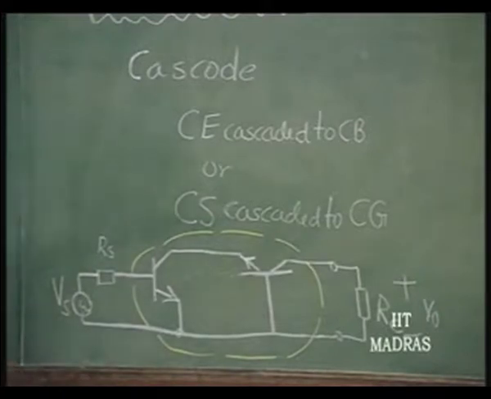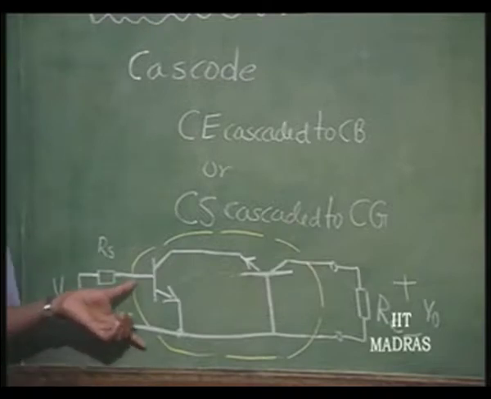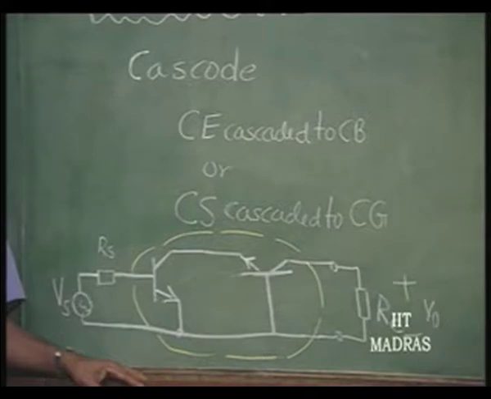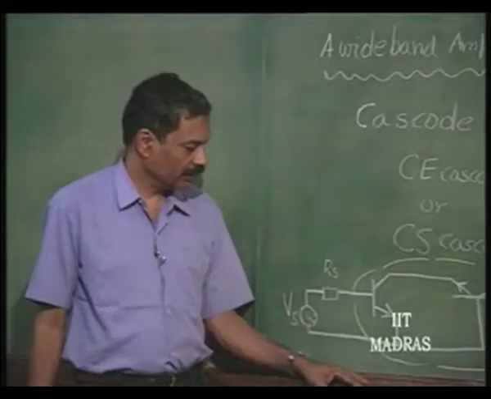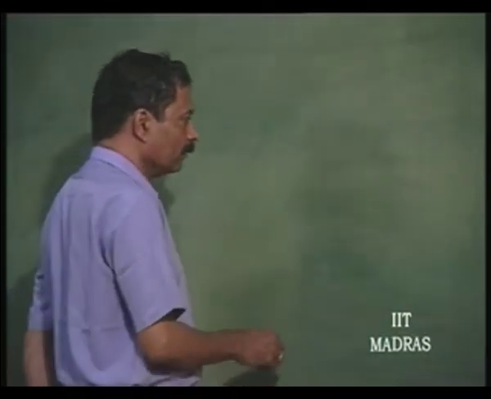So, obviously capacitors have to be minimized, and we saw how the cascade structure reduces the input capacitor of the so called common emitter amplifier, and that way it retains the low frequency characteristic of the common emitter amplifier, but can be used for a wide band of frequencies. So, let us put down the equivalent circuit.